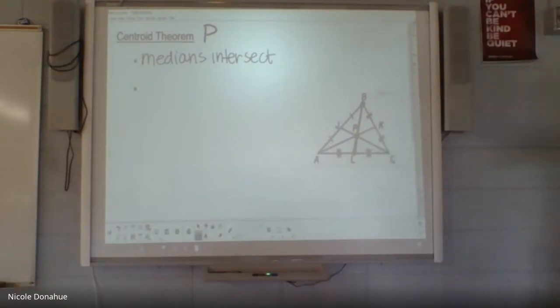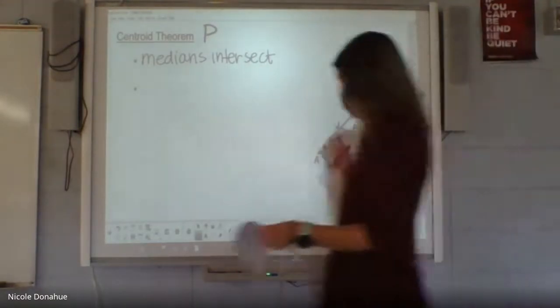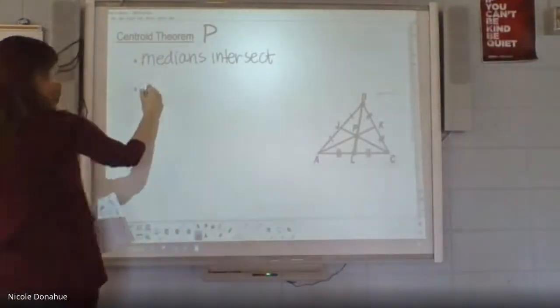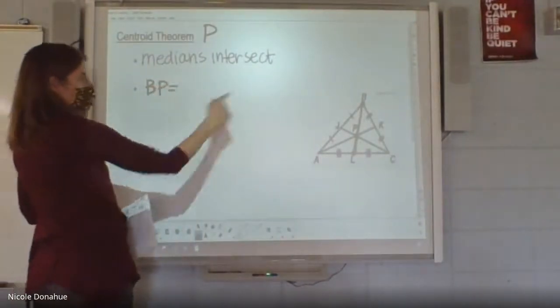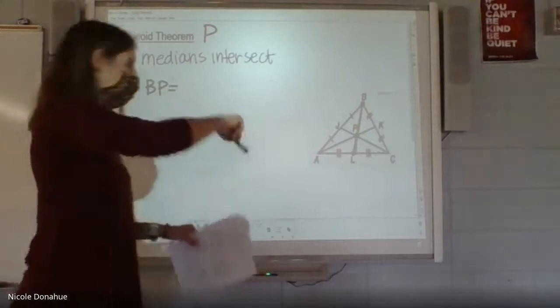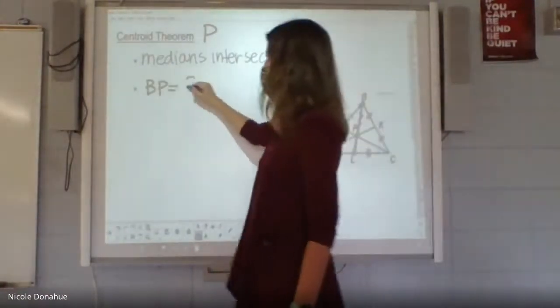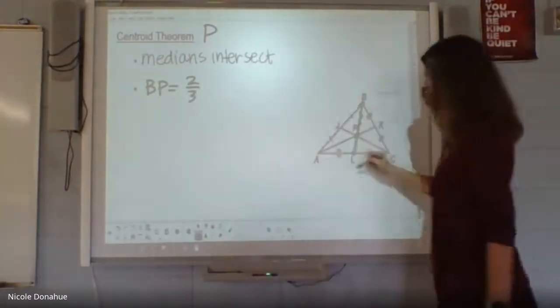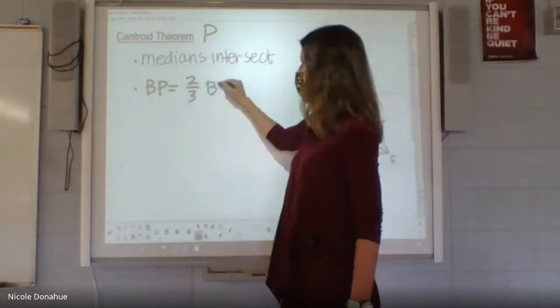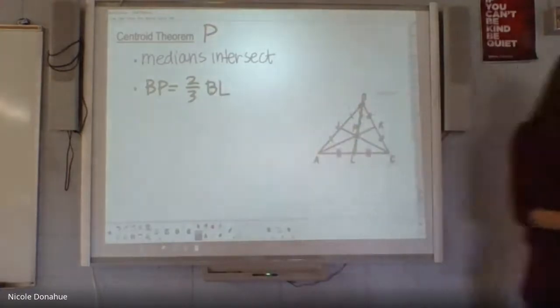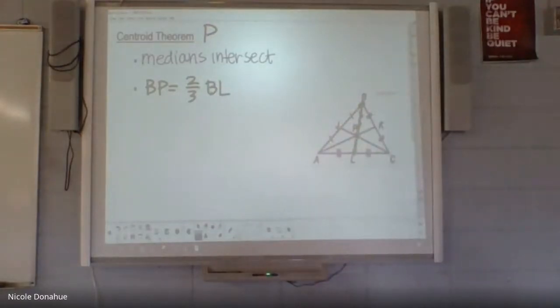So that 2/3 rule that we talked about in the warm-up is from here. So BP, the short part of the line, is 2/3 of the whole line. BP is 2/3 of BL.